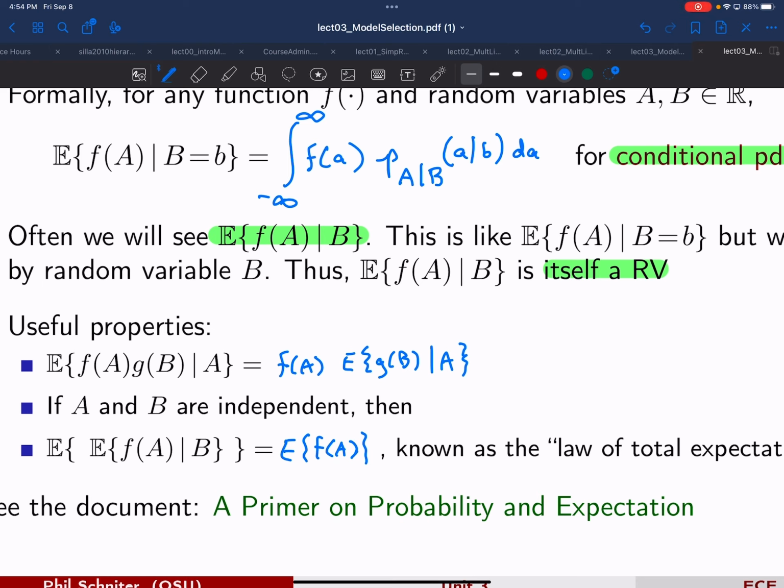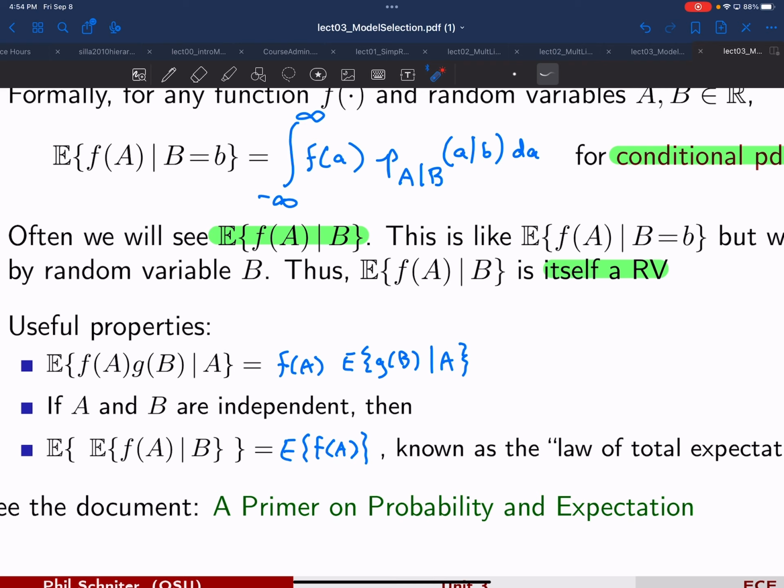Yes. So the random variable inside depends on b, it's given by b, right? Well, inside this expectation, you're asking the question, what is the average value of this if you know b?